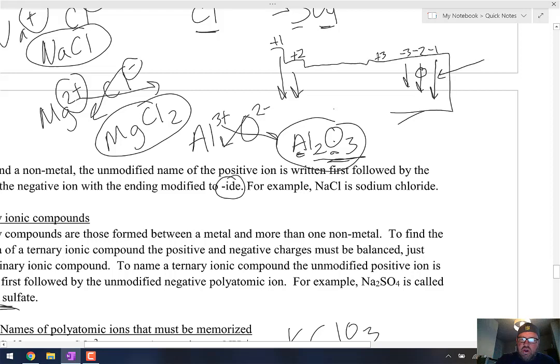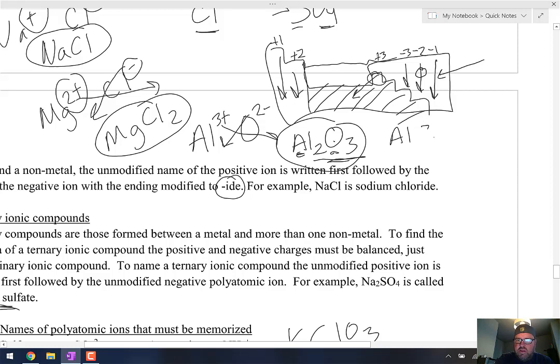My drawing ability is terrible. When you're in this region down here that goes to the stair step all the way down, all of those elements can have varying charges with 3 exceptions. And it's nice because they go in a nice diagonal row. They are aluminum up here, zinc, which is diagonally to the left, and then silver.